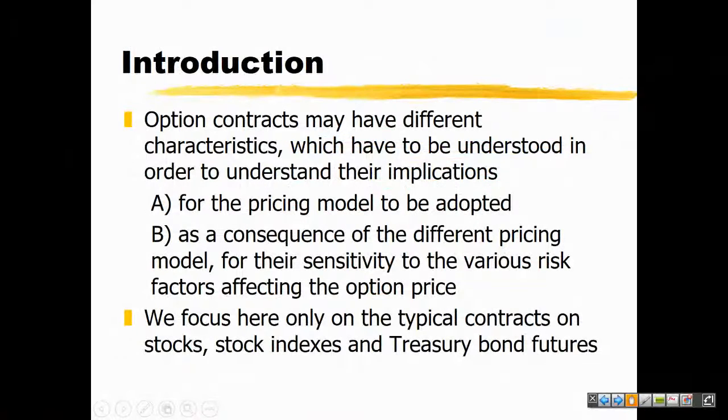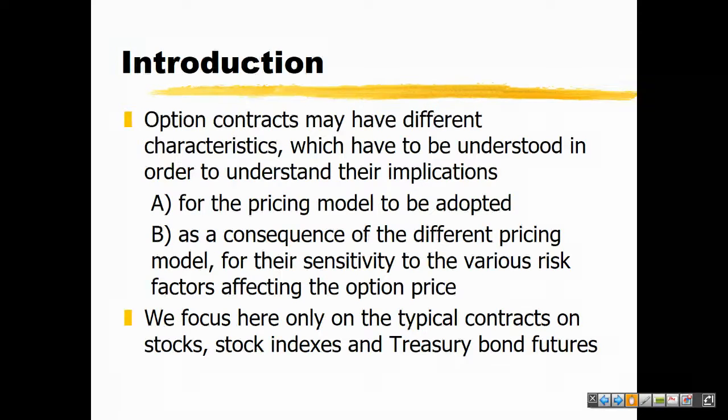The reason why it's important to clarify how they work in practice is because contracts can have different characteristics that have implications from a pricing standpoint, and as a consequence for how their sensitivity to the different risk factors works.